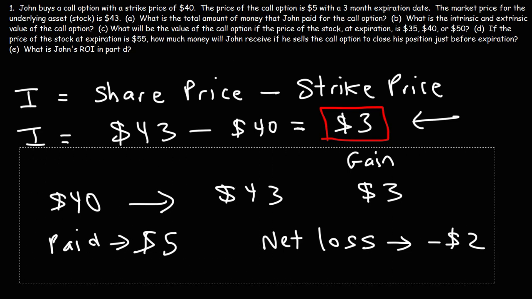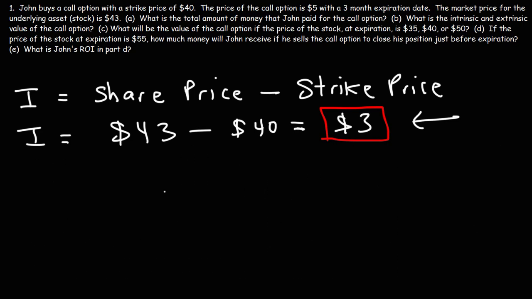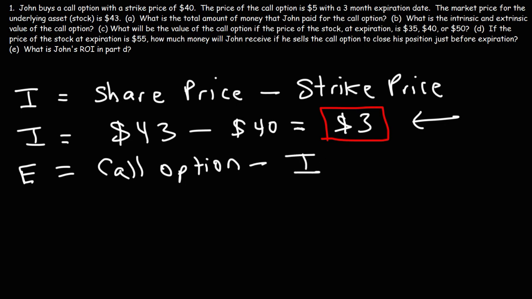So now let's calculate the extrinsic value of the call option. Let's move on to the second part of part B. Now to calculate the extrinsic value of the call option, what we need to do is take the price of the call option and subtract it by the intrinsic value.